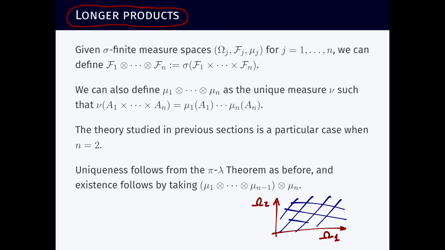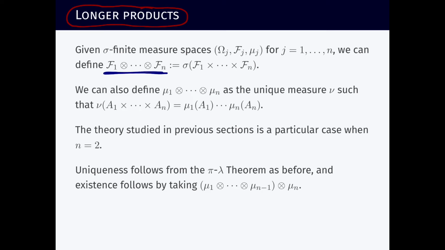But as it often happens, what we can do to 2, we can do to any finite number. So we can take a finite number of measure spaces. On that, we can take the Cartesian product of the sample spaces, omega 1 product with omega n.